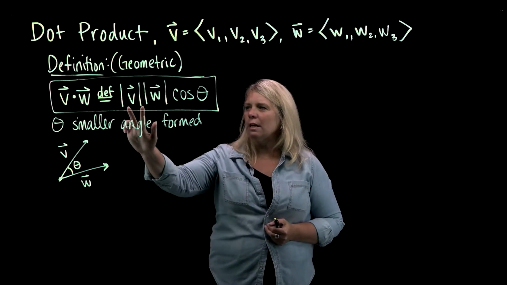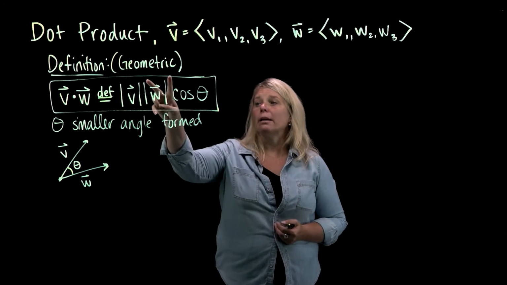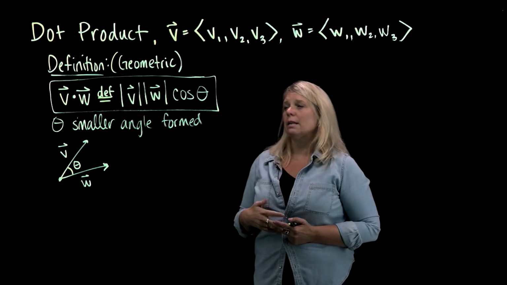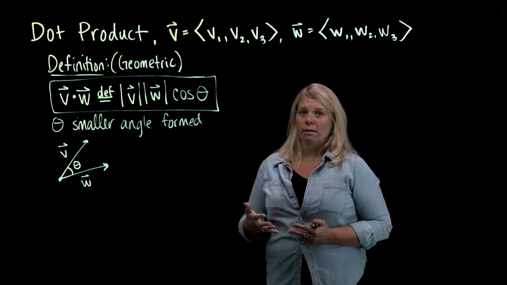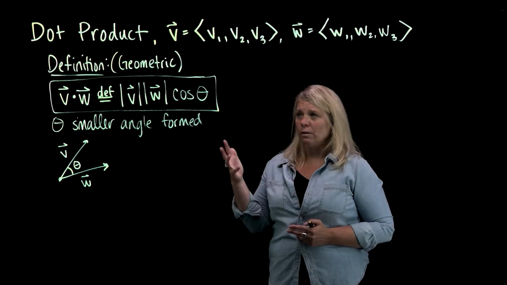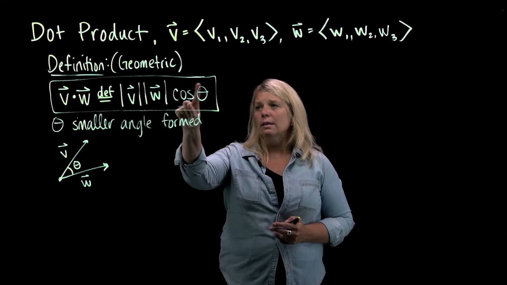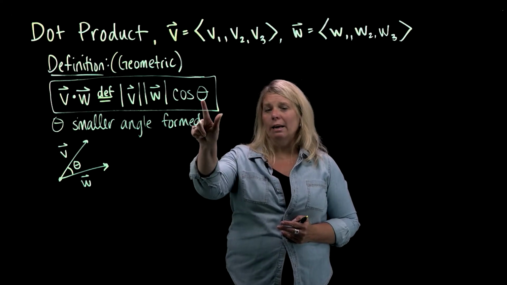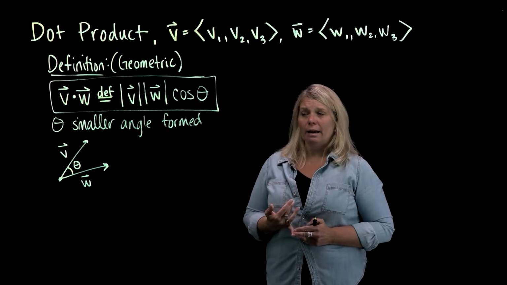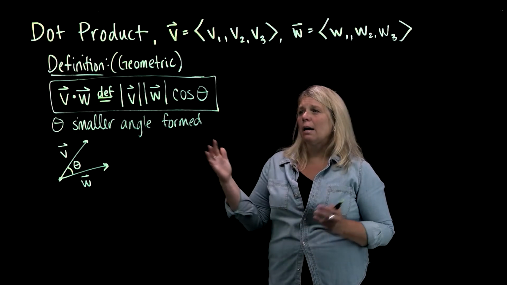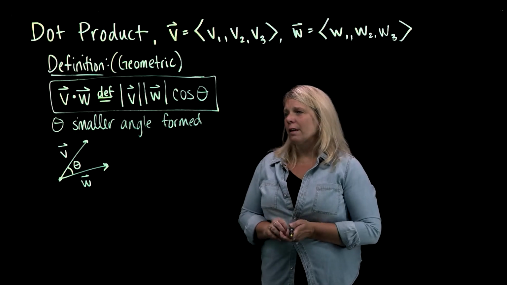The magnitude of v is a number, a scalar, that tells you how long the vector v is. The magnitude of w is a number that tells you how long that vector is. Cosine of theta is also a number that has to do with the angle, and thinking about triangles or unit circle for that angle. This quantity here will always be between -1 and 1. So cosine of an angle could be negative, could be positive, but it's always going to be between -1 and 1.